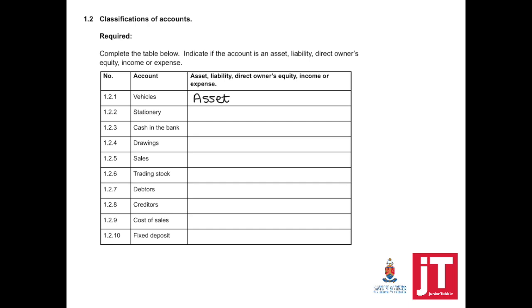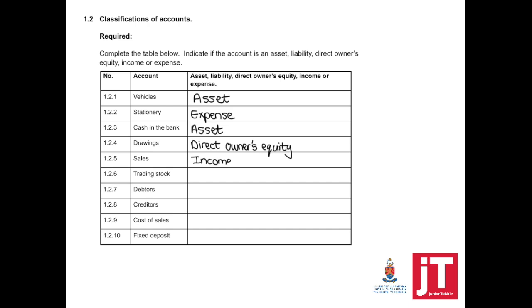I'm just going to add that now while I'm explaining. Stationery is an expense to the business. Cash in the bank means that we've got money in our bank account, which is regarded as an asset, a short-term asset, current assets. Drawings is regarded as an owner's equity account, which is a direct owner's equity account.